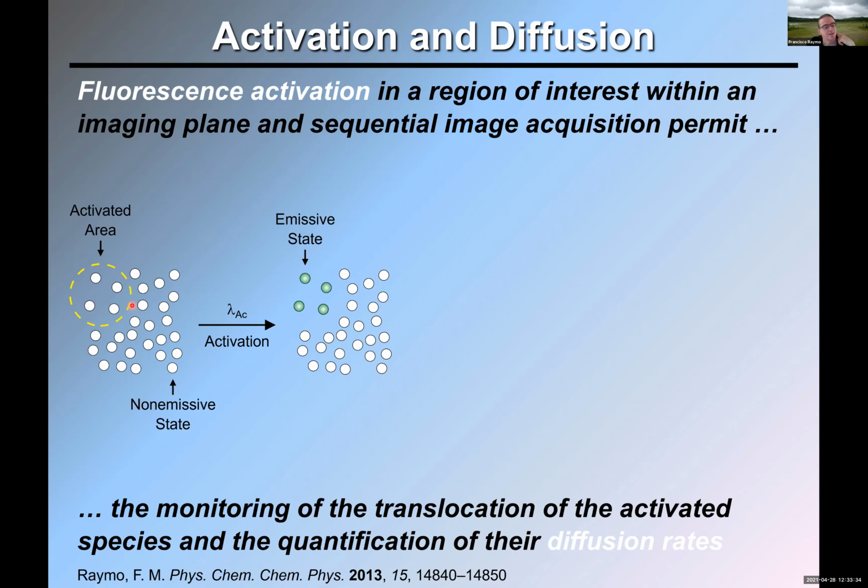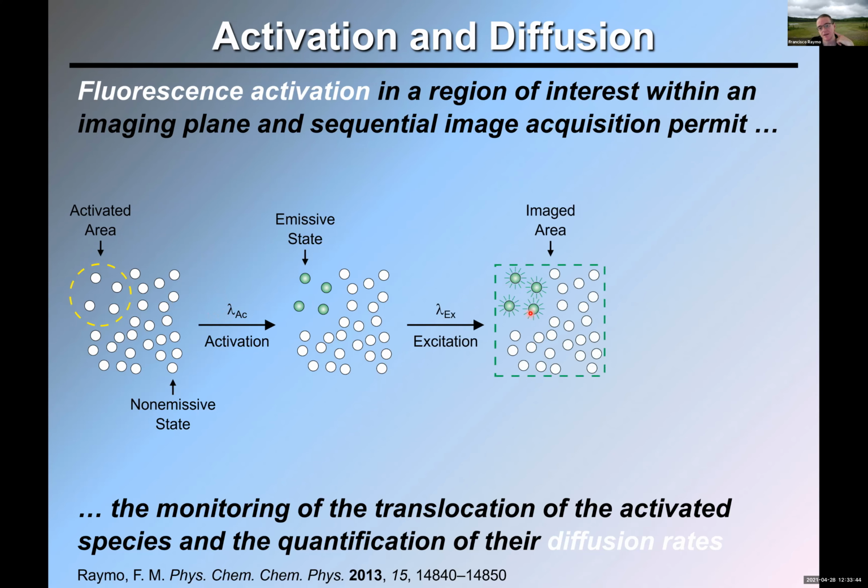So you can selectively switch fluorescence on in this spot only by illuminating the sample at the right wavelength. Then if you acquire an image, fluorescence will show up here only. And then if the molecules can diffuse, the fluorophores will go out of that area and end up in other regions.